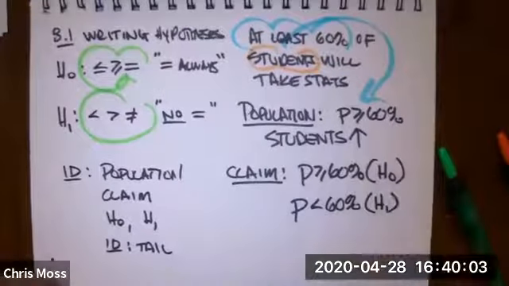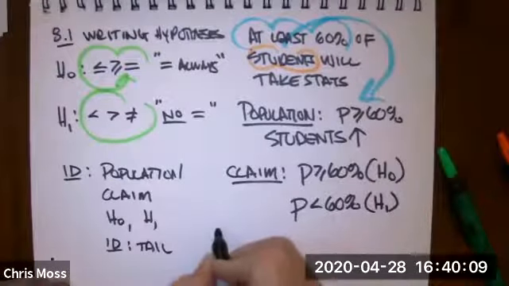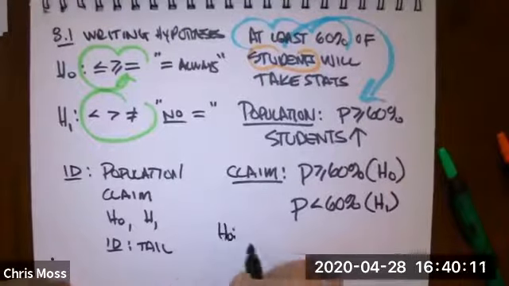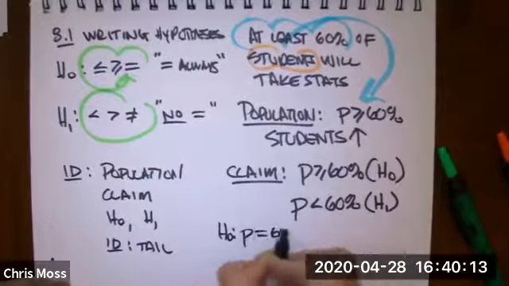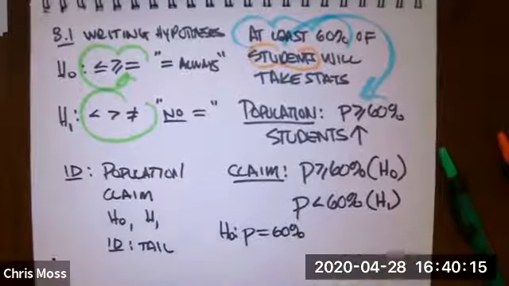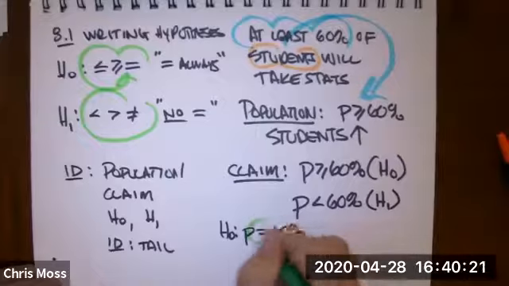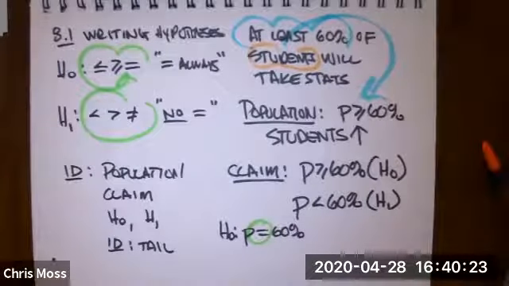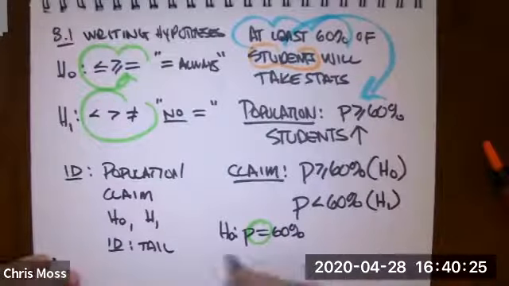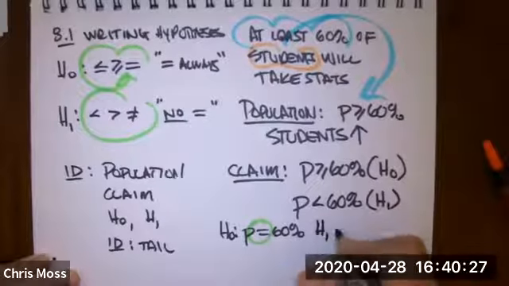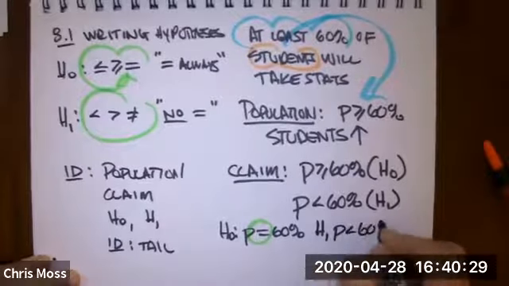And you'll notice that that particular claim does not contain equality. So we can go ahead and write our claim, H naught: P equals 60%. And I'll remind people that regardless of how that claim is worded, we always write the null hypothesis with a simple equal sign. The alternative, P is less than 60%.